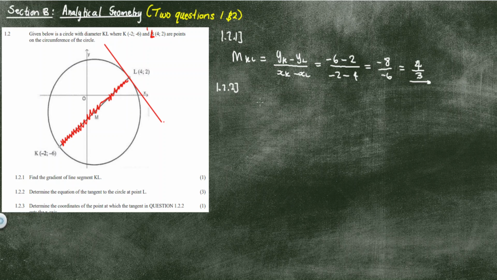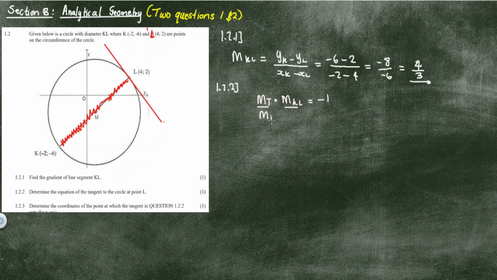So the gradient of the tangent multiplied by the gradient of the diameter, KL. KL, by the way, is a diameter. We know that a diameter or a radius is always perpendicular to a tangent. So KL being a diameter, the gradient of the diameter KL multiplied by the gradient of the tangent gives minus 1.